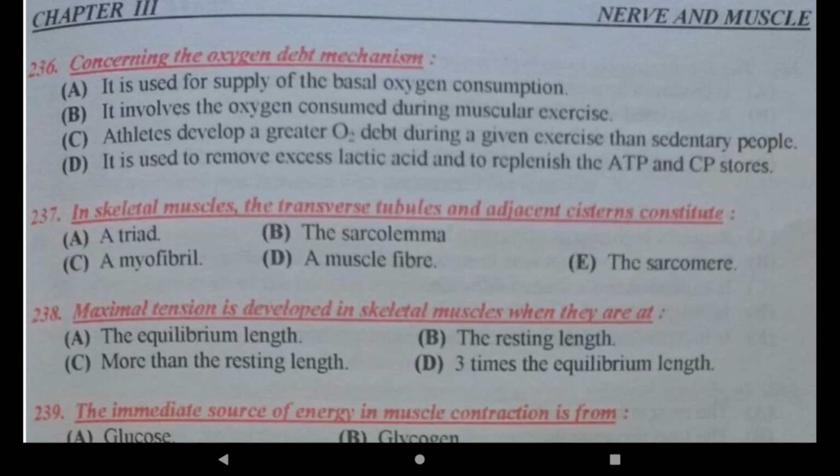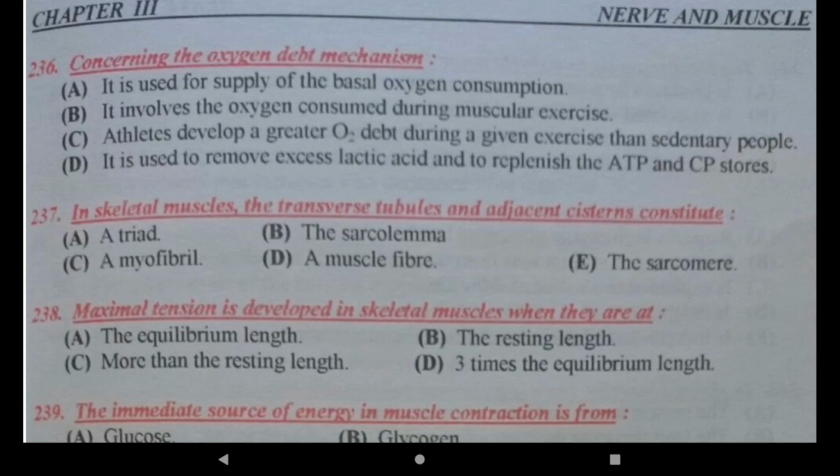A triad is simply a word that we usually use to mean a transverse tubule in between two adjacent cisterna, or two adjacent sarcoplasmic reticula. That combination of two adjacent cisterna on either side of the transverse tubule, that's what we call the triad.